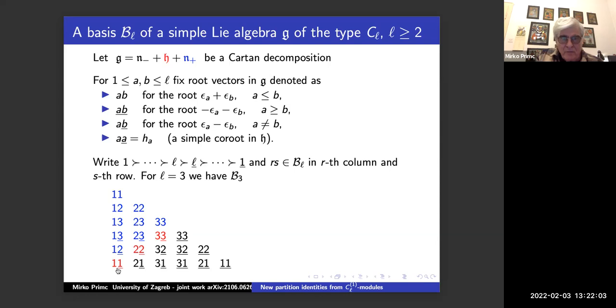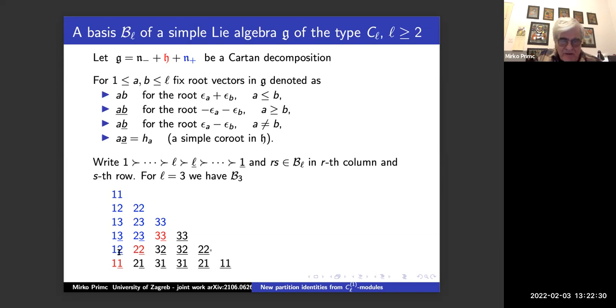In red, we see a basis of Cartan. This is a simple co-root H1. This is simple co-root H2, and this is H3. And then it will be important, the highest root is 1, 1. This is the highest root 2 epsilon 1 in CL. And this is the lowest root.